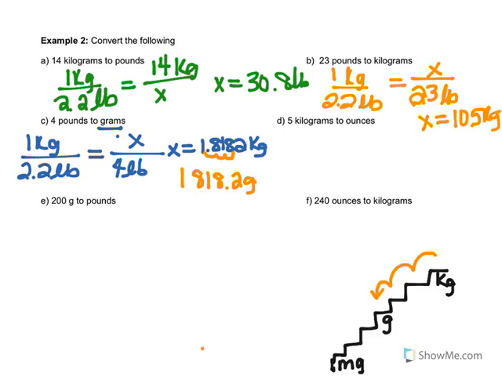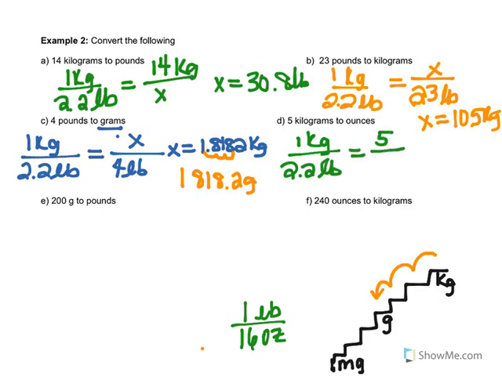Okay, 5 kilograms to ounces. Again, I don't know how many kilograms there is in ounces, but I can change it to pounds, and I know that 1 pound is the same as 16 ounces. So let's do that. So 1 kilogram is 2.2 pounds. We're going to change 5 kilograms into pounds.